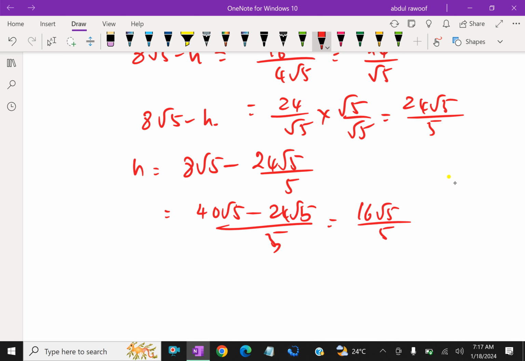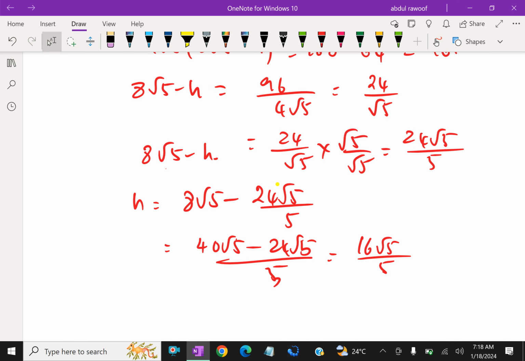So here, 8 root 5 minus h equals 96 over 4 root 5, which is 24 over root 5.